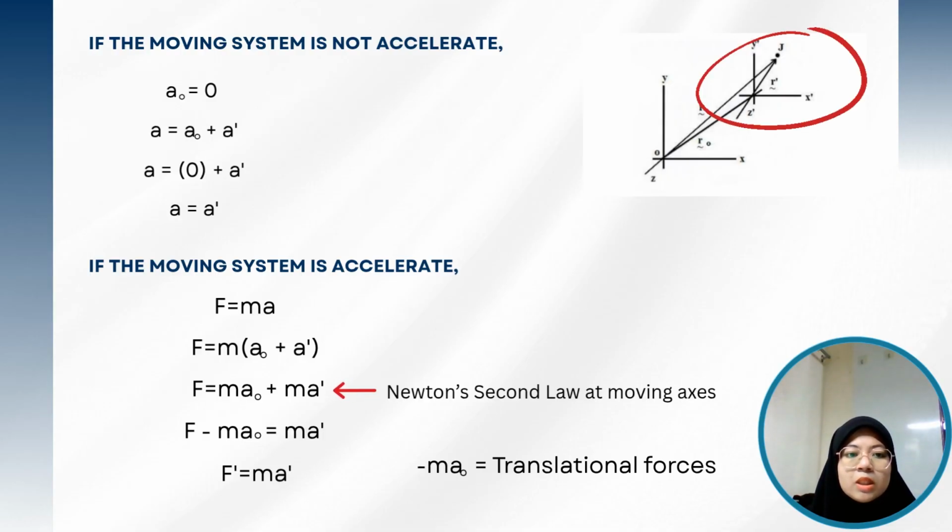The next situation is if the moving system is accelerating, we use the formula F equal to ma, and we substitute a into the formula, and we get F equal to m a naught plus m a prime, and we know that F prime is equal to m a prime. So the last one we get negative m a naught, which is the translation force.